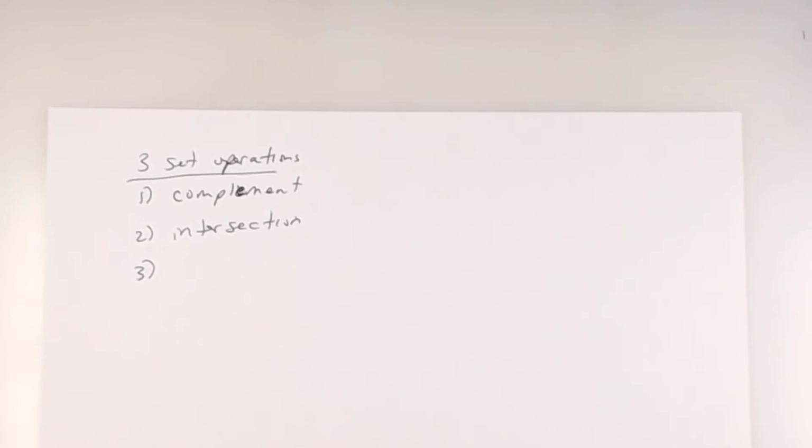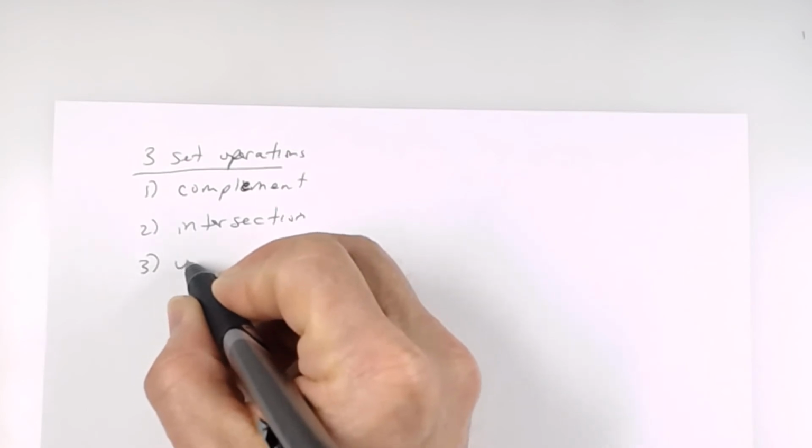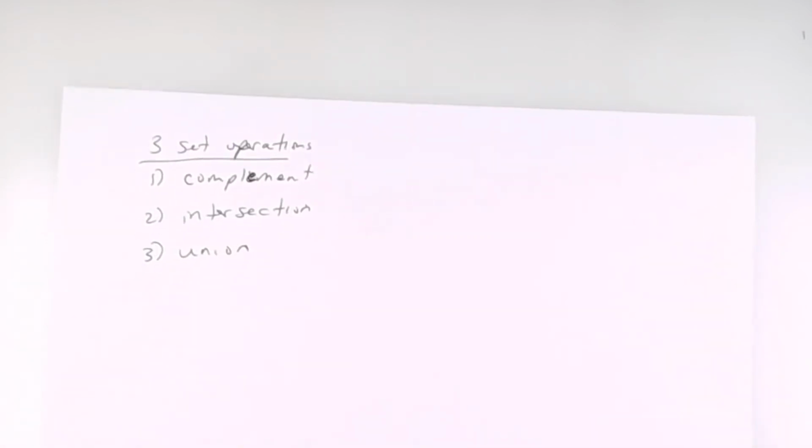Union. So those are your 3 set operations. They're very easy to deal with. Okay? All right, now, complement.